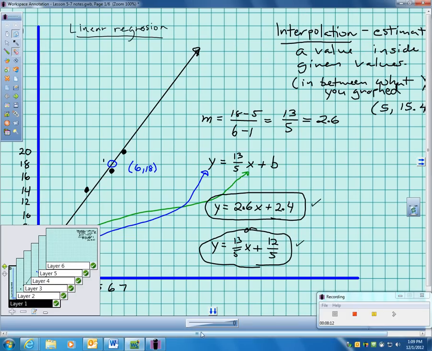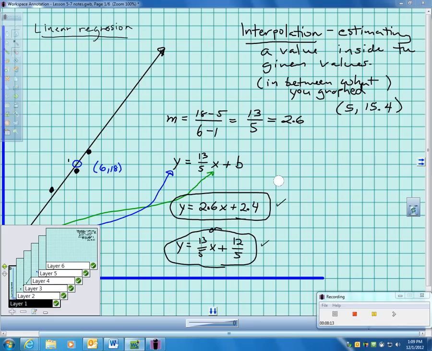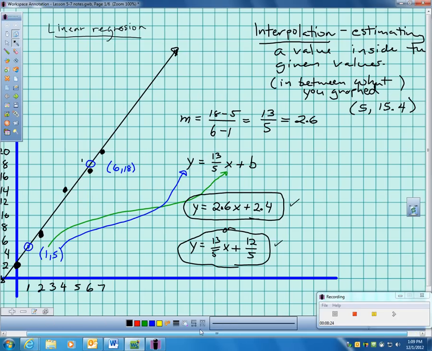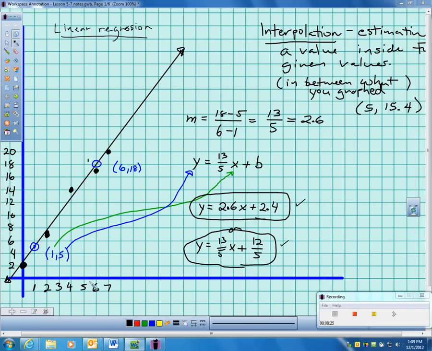Now the next thing we're going to do, and the last thing they asked us to do in this problem, is approximate the value of y for x equals 5. Now, when they ask you to approximate the value of y when x equals 5, take a look at this graph. Do you notice how x equals 5 is in between the other data that we graphed? The point for 5 would be somewhere probably here in between these other points.